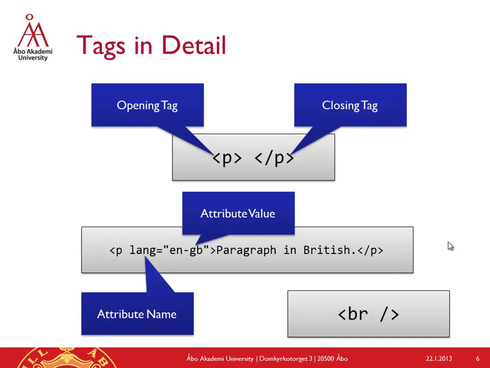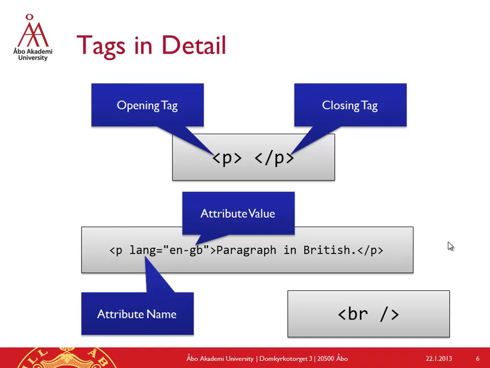In detail, we can discuss some issues of text. Most elements of HTML have opening and closing tags, and some of them have the opening and closing in the same tag, like BR. You can see it here.